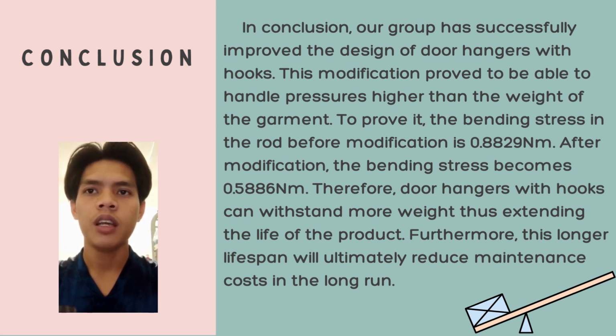In conclusion, our group has successfully improved the design of the door hanger with hook. This modification proved to be able to handle pressure higher than the weight of the garment. To prove it, the bending stress in the rod before modification is 0.8829 Nm.